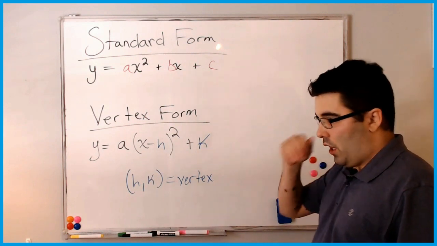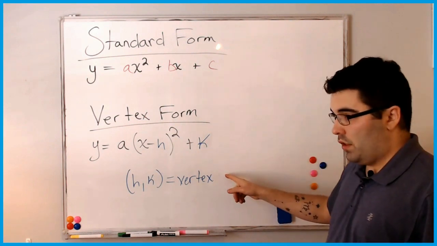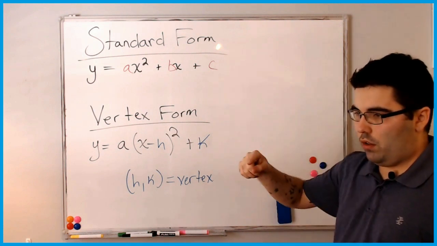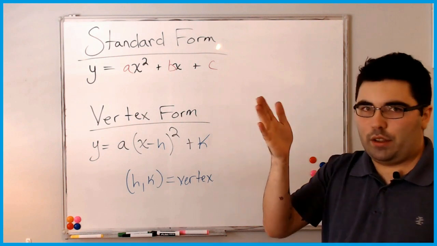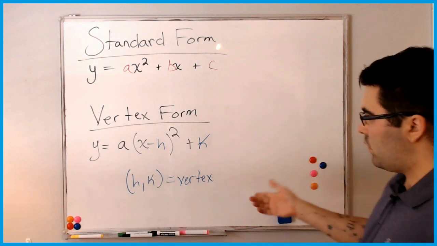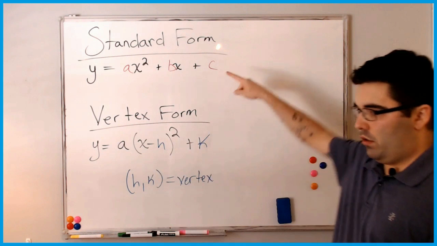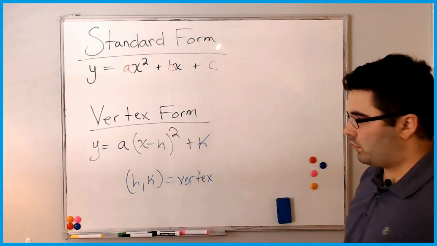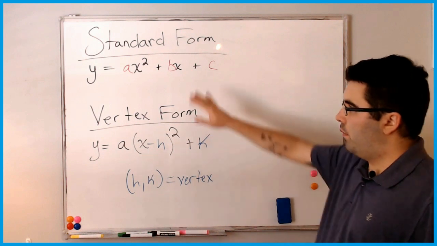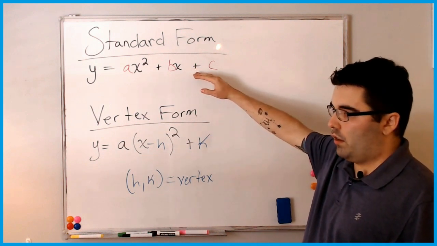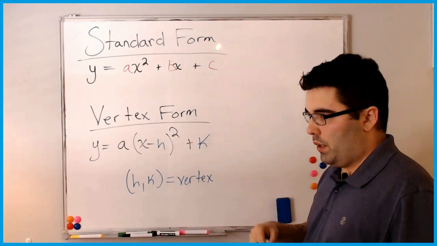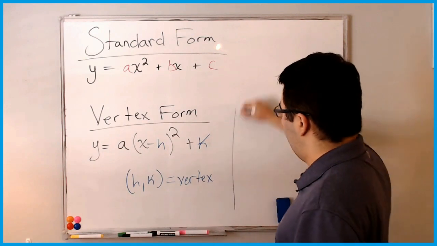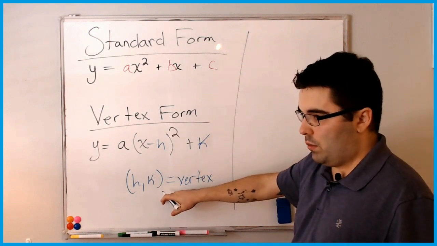If we're trying to graph a parabola, this is pretty helpful because the vertex, as you remember, is either our highest or our lowest point. So you get the middle of the graph immediately. And if it's positive, you know you've got a U doing this. If it's negative, you've got an upside down U. With standard form up here, one of the pieces of information that comes from this is the axis of symmetry.